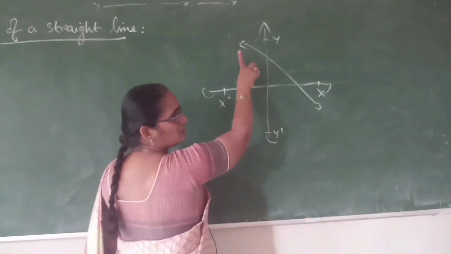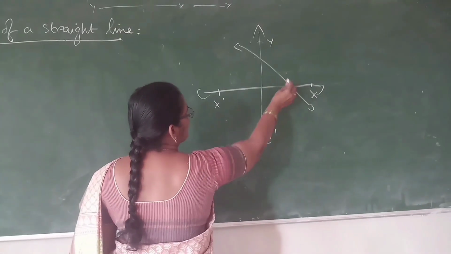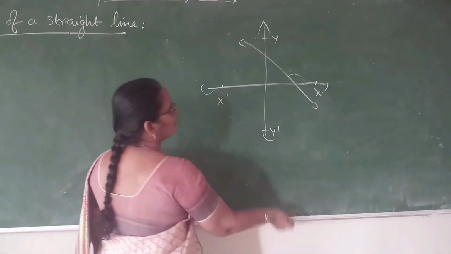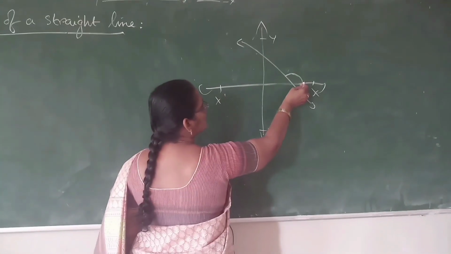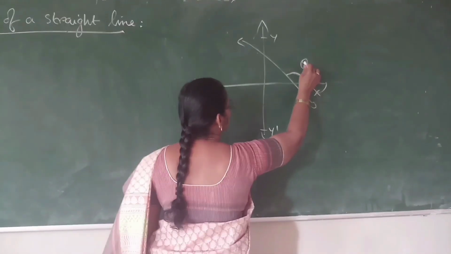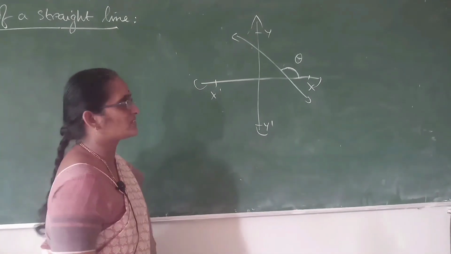So we call it a non-vertical straight line which intersects the x-axis to form a particular angle. And this angle is anti-clockwise. Suppose this is represented by theta.